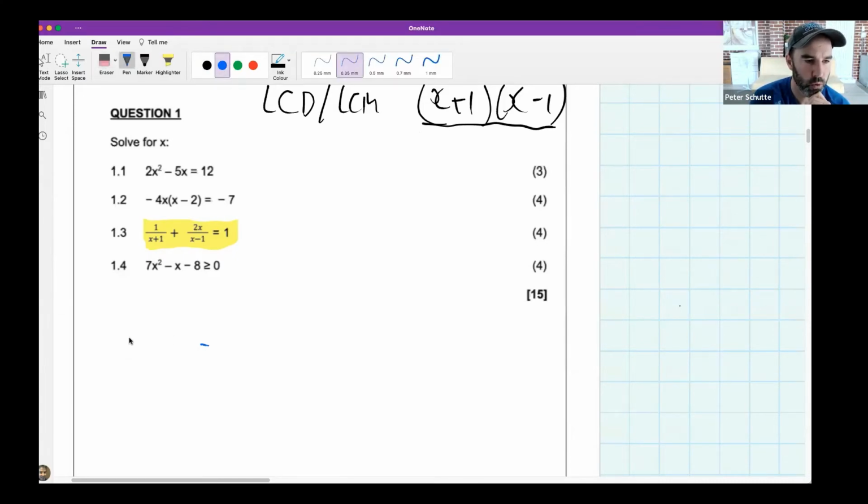So I want to suggest that both sides of this equation get multiplied by this x plus 1, x minus 1. However, if that happens, what is that going to look like? It's going to look something like, I'll put the stuff in black to start with, the original.